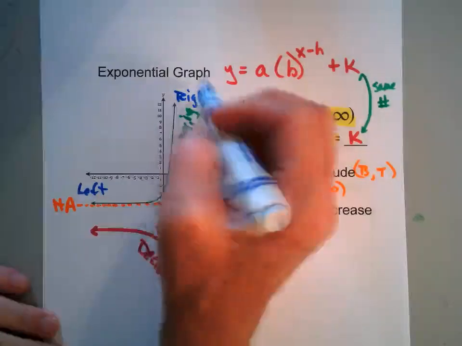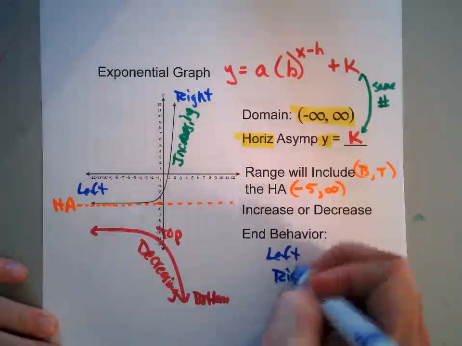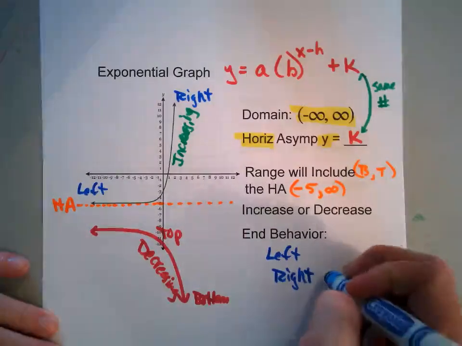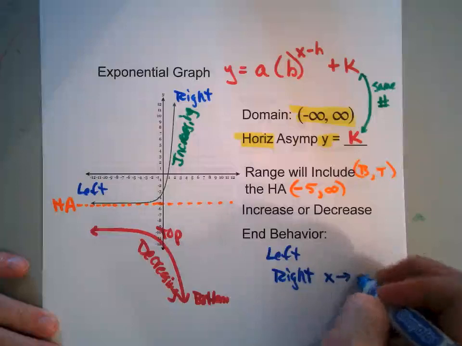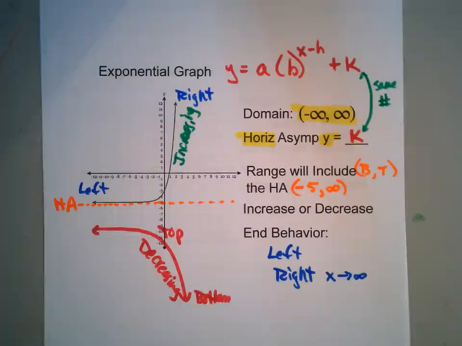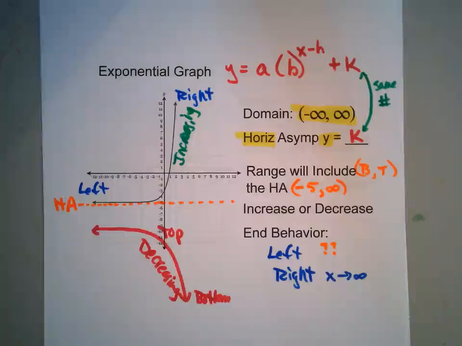As we're talking about the left and right behavior, they are drop-down menu questions, so it's kind of a multiple choice thing. It does not answer it as left and right. The right-hand side is going to say as x goes to infinity. The left-hand side is going to differ based on what the graph looks like, so you have to look at it, and we'll discuss it when we get there.